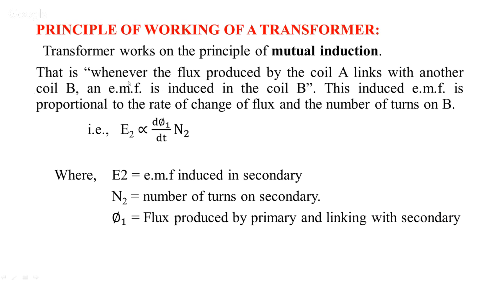That is, whenever the flux produced by coil A links with another coil B, an EMF is induced in coil B. This induced EMF is proportional to the rate of change of flux and the number of turns on B, and it is given by E proportional to d phi 1 by dt into N2.